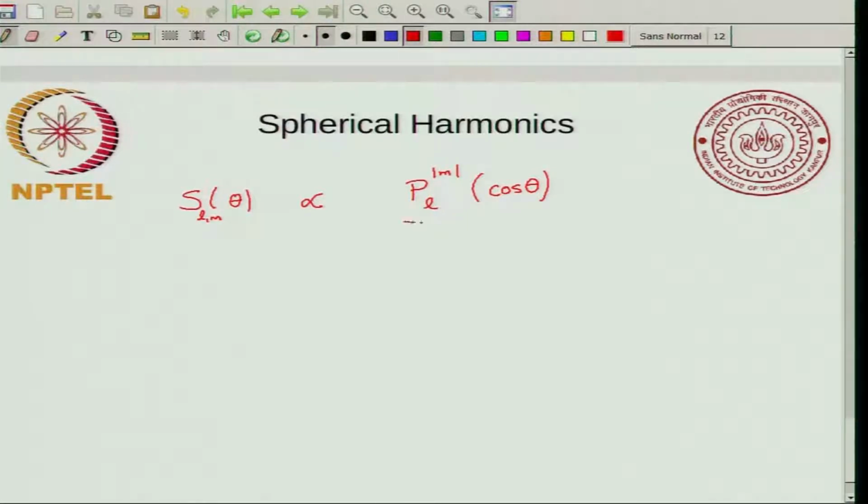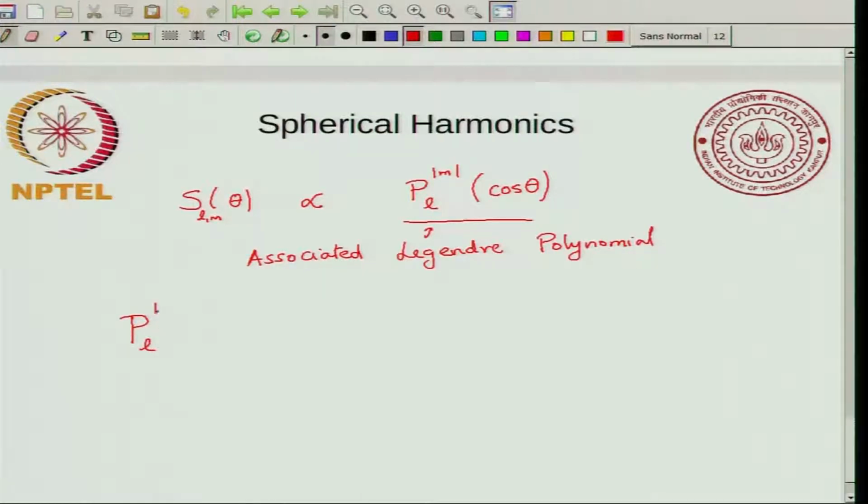So this polynomial is called the associated Legendre polynomial. It is closely related to the Legendre polynomial. For the Legendre polynomial you just had P L; now you have P L and m. What is the expression? I'll just write the expression.